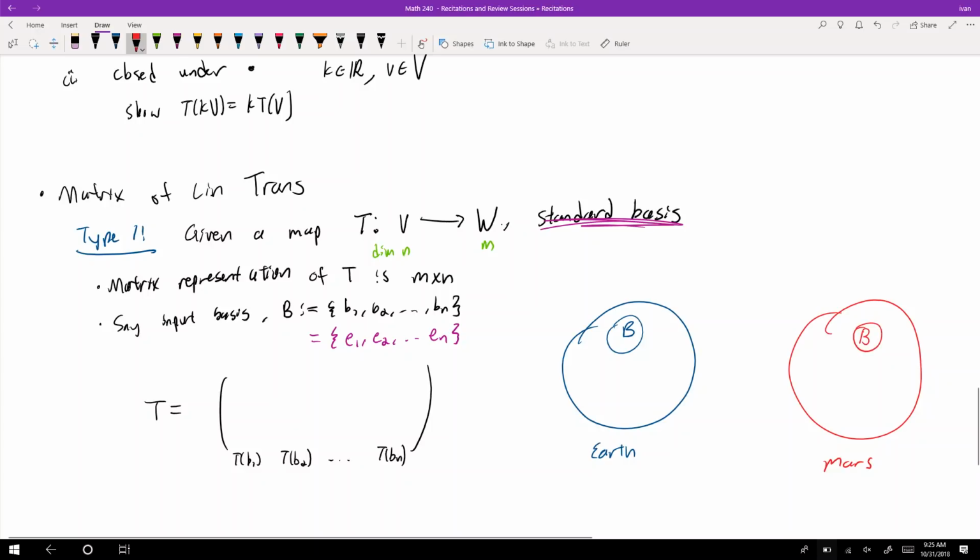So these are our standard bases on our 2 planets, and T just launches you from one base to the other base. This isn't very enlightening right now, but it'll be more enlightening when we get to the other types of problems. So just keep this example in mind for now.